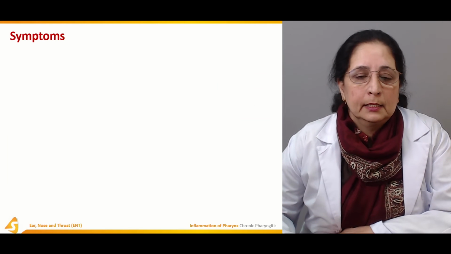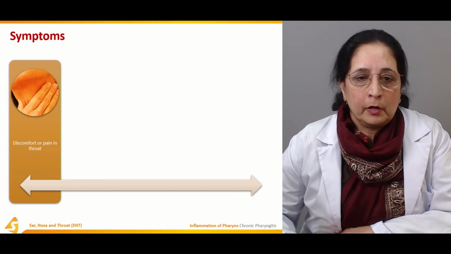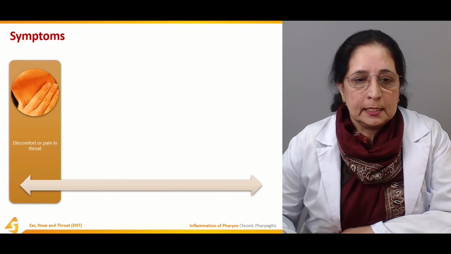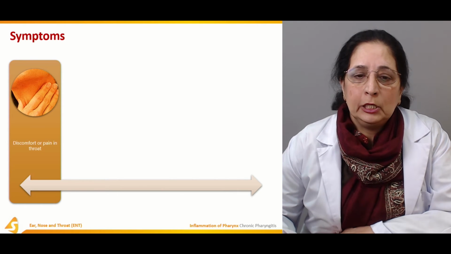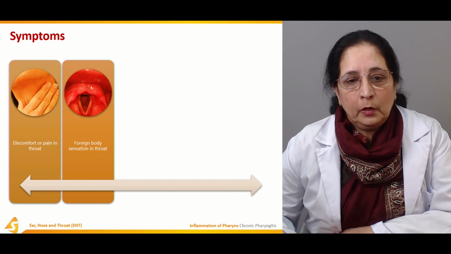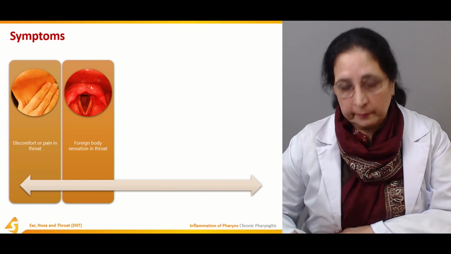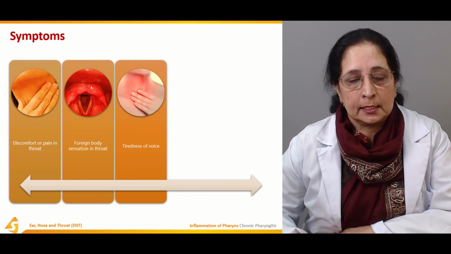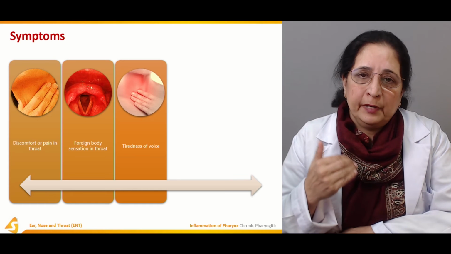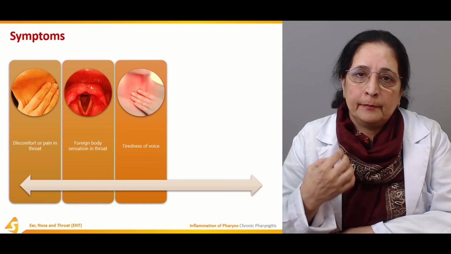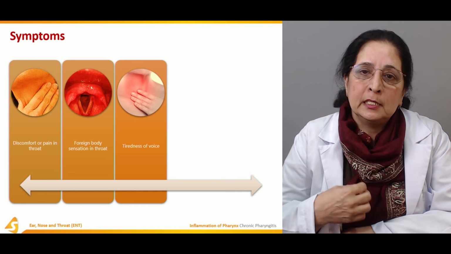Some symptoms of chronic pharyngitis are discomfort or pain in the throat. Foreign body sensation in the throat is very commonly associated with chronic pharyngitis, and it is very irritating. The patient feels that some foreign body is present.